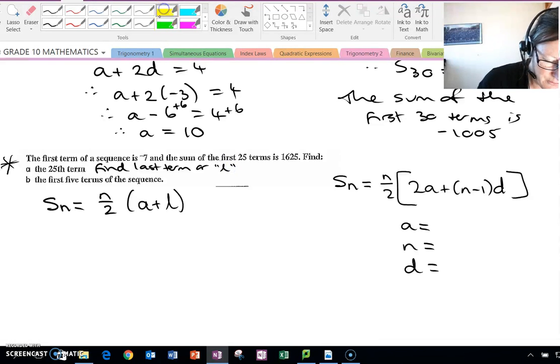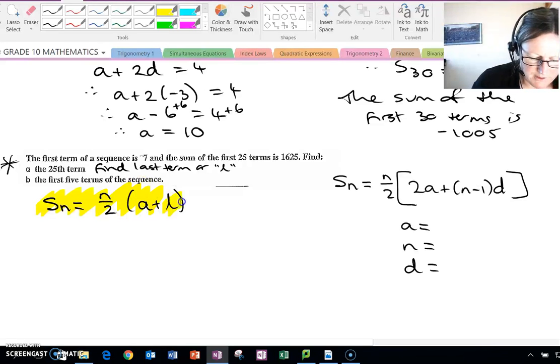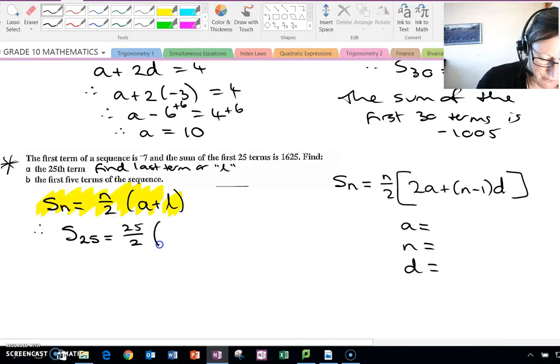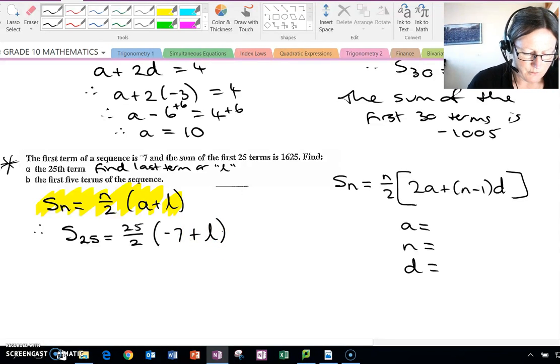So here's our formula. But this time we're not trying to find the sum, we know the sum, we're trying to find L. So we know that the sum of the 25 terms is equal to 25 over 2. We know the first term is negative 7, and we are trying to find L. We know that the sum of the first 25 terms is 1625.